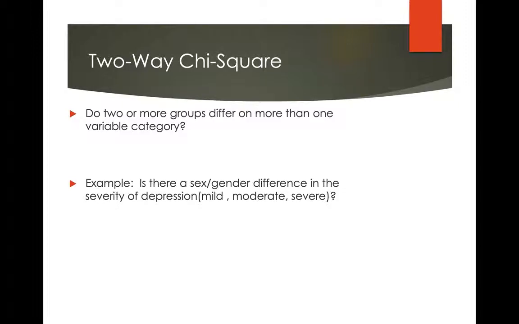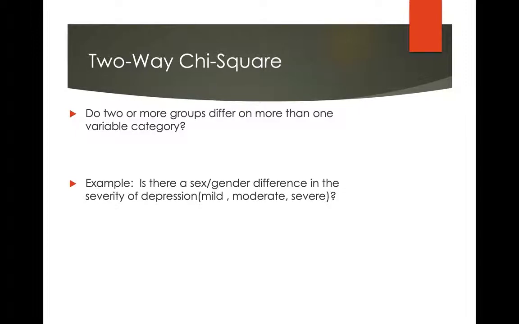So for example, if we wanted to examine if there is a gender or sex difference in the severity of depression, being mild, moderate, or severe, among Georgia College students who are depressed, then we would use a two-way chi-square. Why?